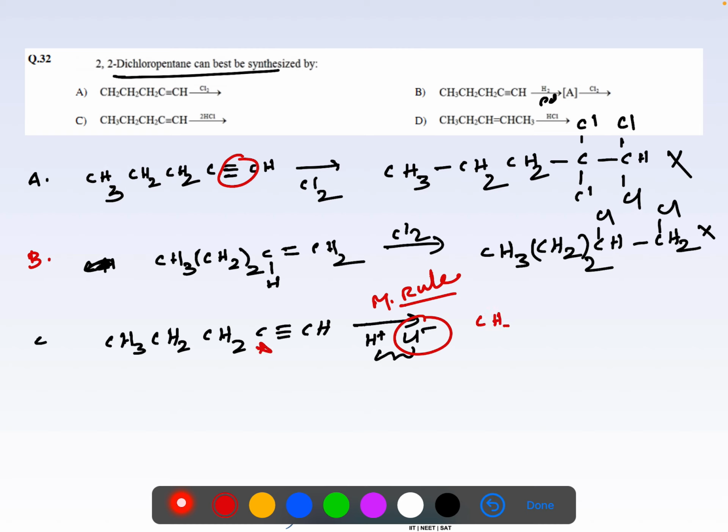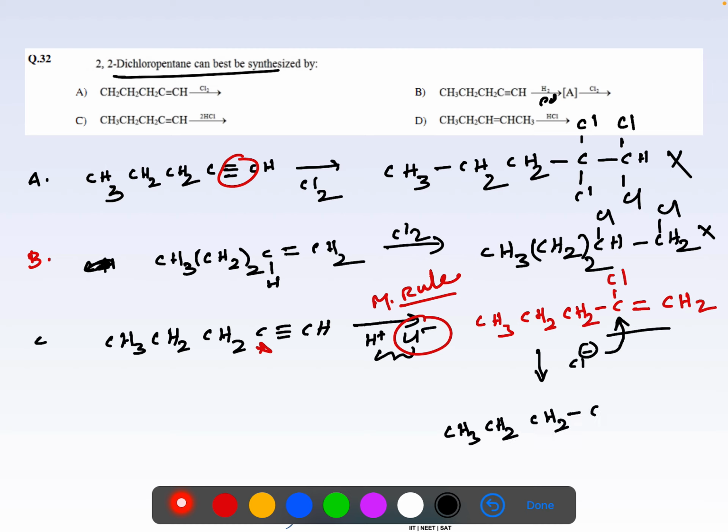So you get CH3 CH2 CH2 CCl, and this will convert into a double bond CH2. Again this alkene will undergo a second attack by HCl. Here also the Cl minus will attack the carbon already having a chlorine atom. So the final product will be CH3 CH2 CH2, and there is a chlorine and a second chlorine, and this will be CH3. So the correct option will be option C.